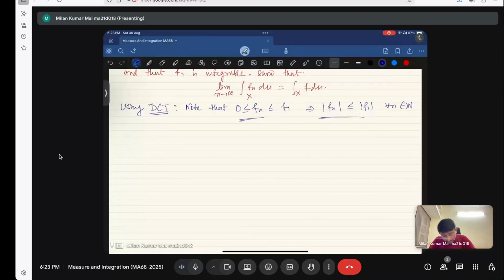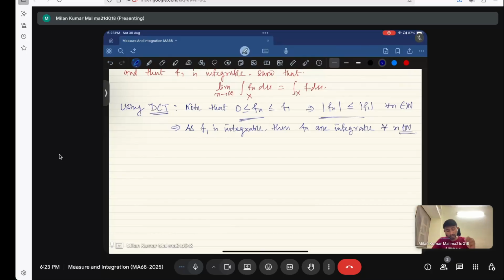So that implies that as f1 is integrable, then the fn's are integrable for all n belonging to the natural numbers.